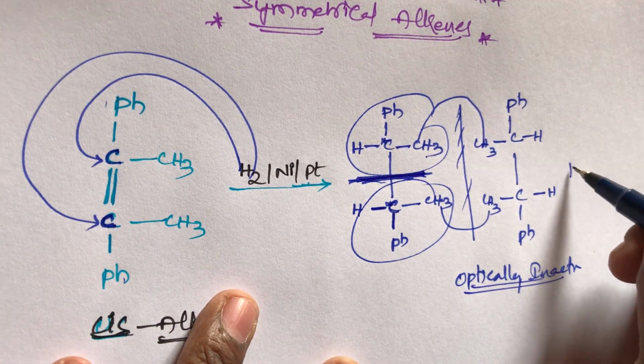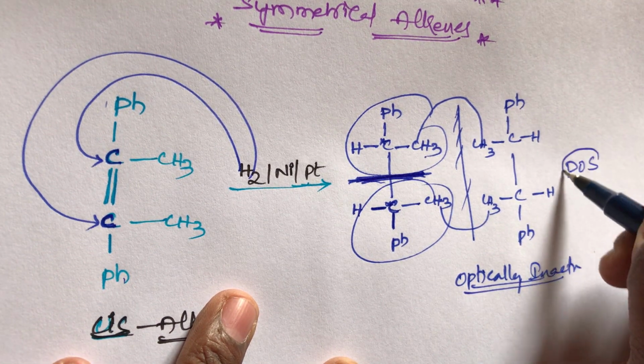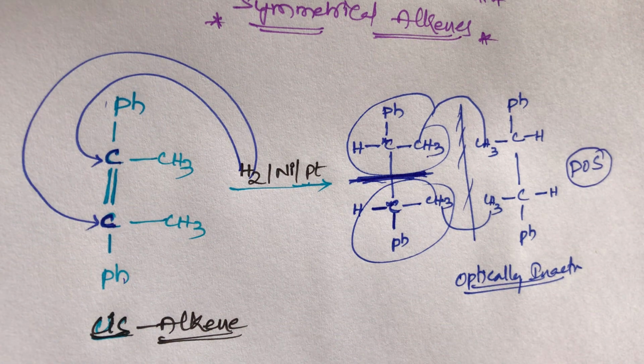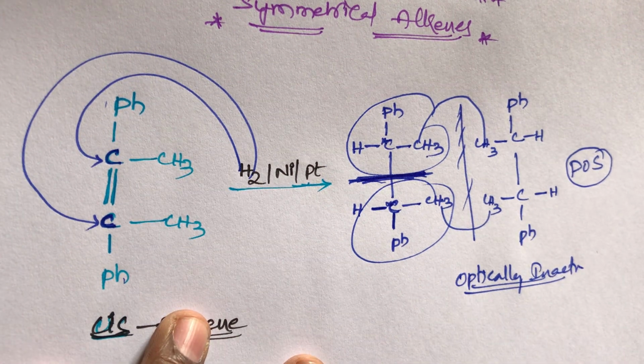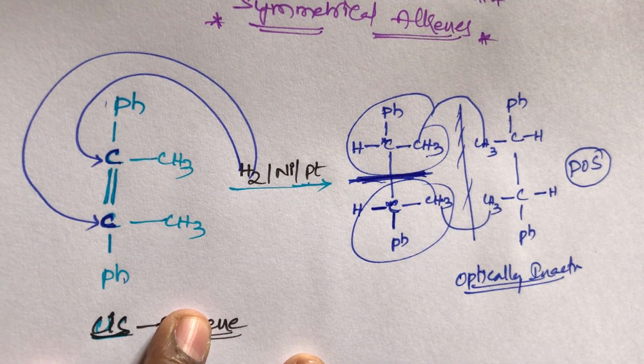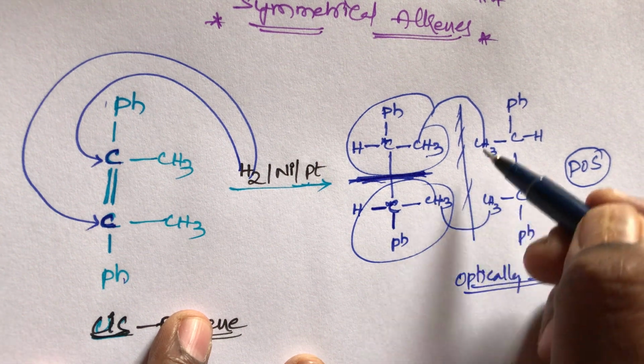A compound with a plane of symmetry, POS, is always optically inactive. And one more thing, these both are identical, and top and bottom are identical.